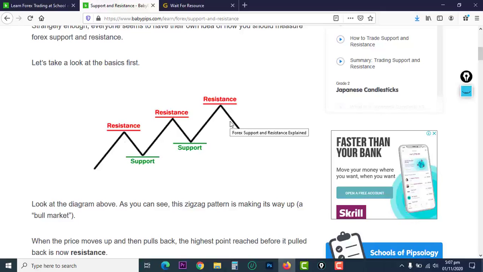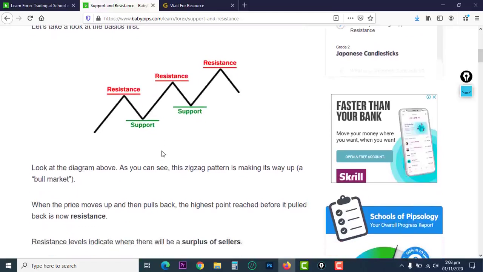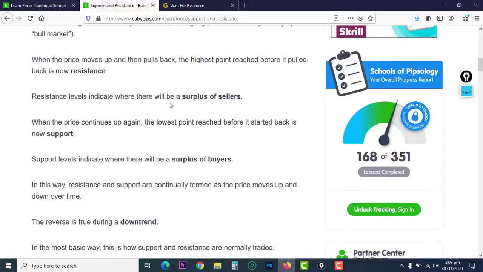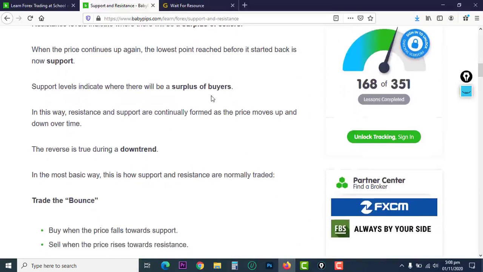This is the structure of every forex market or forex pair you are going to trade. We are going to discuss more, but prices will always go up, come back down, go up, and come back down. Why? There is either a surplus of sellers at a particular level or a surplus of buyers at a particular level.